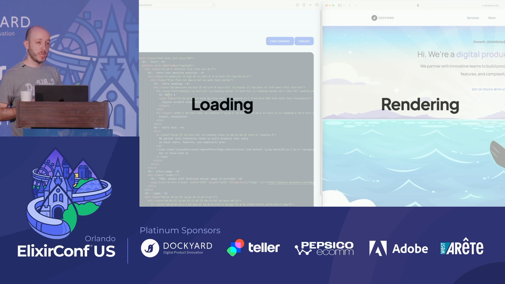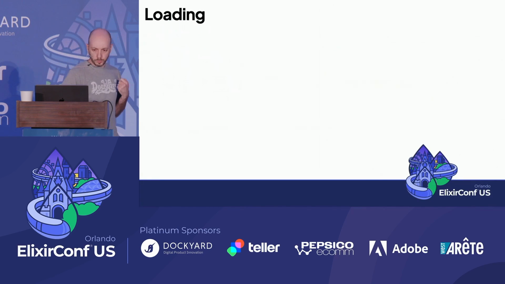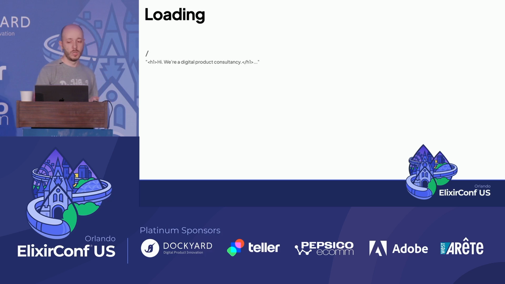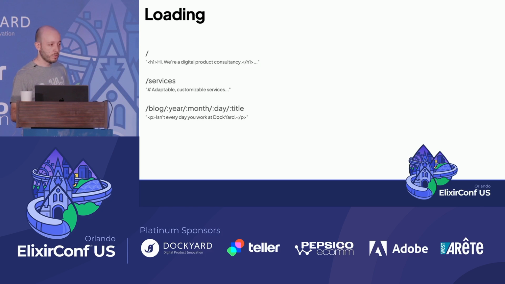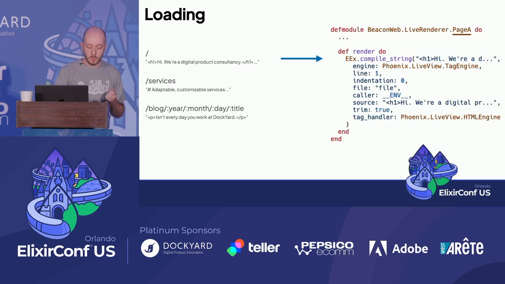And this process in Beacon is separated into two stages. First, we need to load the pages, and then after that, we can actually render the pages. So let's suppose you are creating a home page, or you are creating a page with a static path, and this time you're using a markdown template, or even a page with a path with dynamic segments. Every time you create a page, Beacon will build a module.